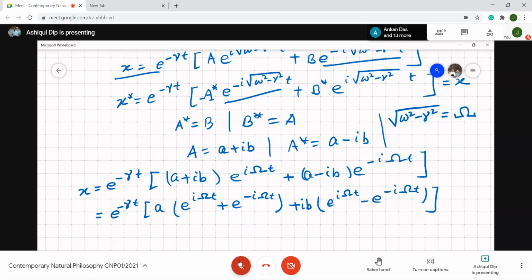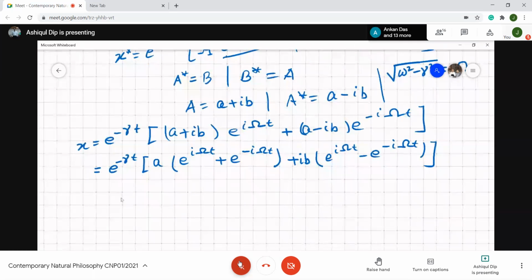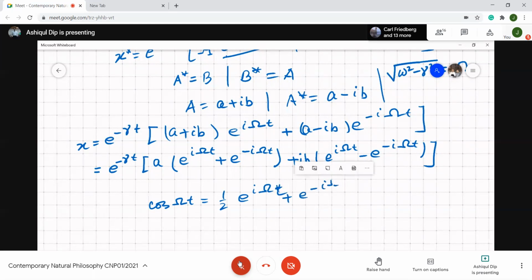So using the relationship between the complex exponential and sinusoidal, we know that cosine omega t equals half of e to the power i omega t plus e to the power minus i omega t, right?